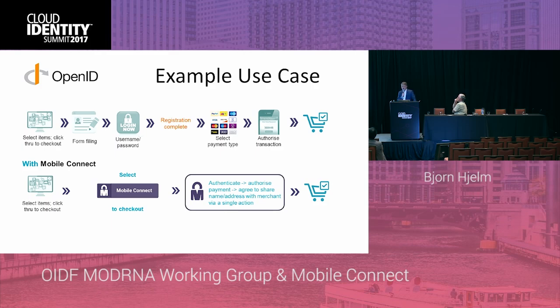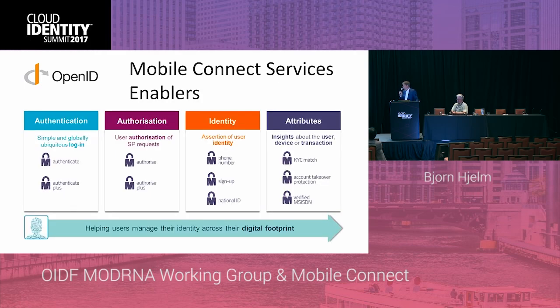You complete your registration, you select your payment type, you authorize your transaction, and you're done. The point of Mobile Connect is that you log in, use Mobile Connect as part of the checkout process, and then authenticate with your mobile device, and you're done. That is the value proposition for Mobile Connect.